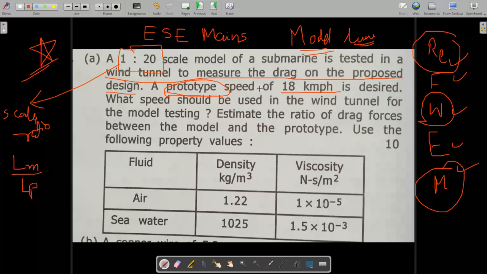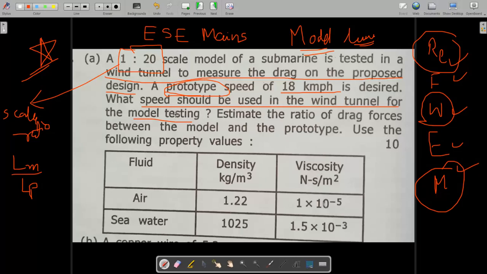As you know, a submarine works underwater, so the fluid medium is water, but we are going to test our model in a wind tunnel, so the working fluid is air. This is a dynamic similarity problem. What should be the speed in the wind tunnel for the model testing?